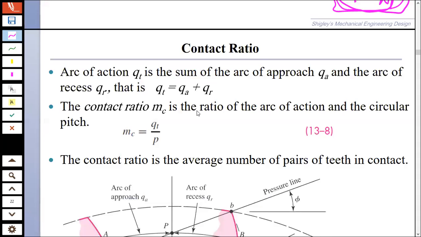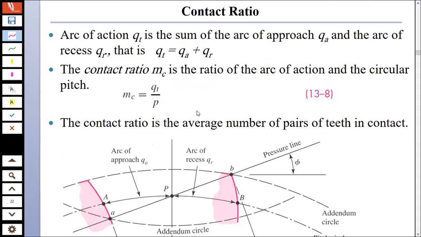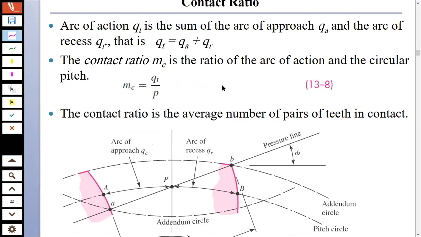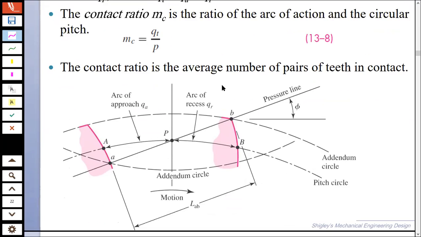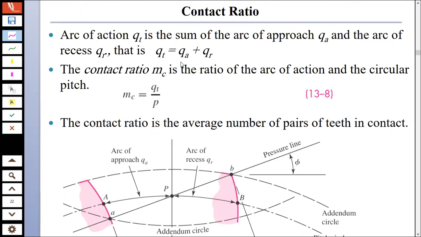Now, we were discussing the angle of approach and the angle of recess. If we denote the angle of approach by QA and the angle of recess by QR, then the total angle of action is QT. Now, what is the contact ratio? Physically it means how many teeth are meshing with each other at an instant.